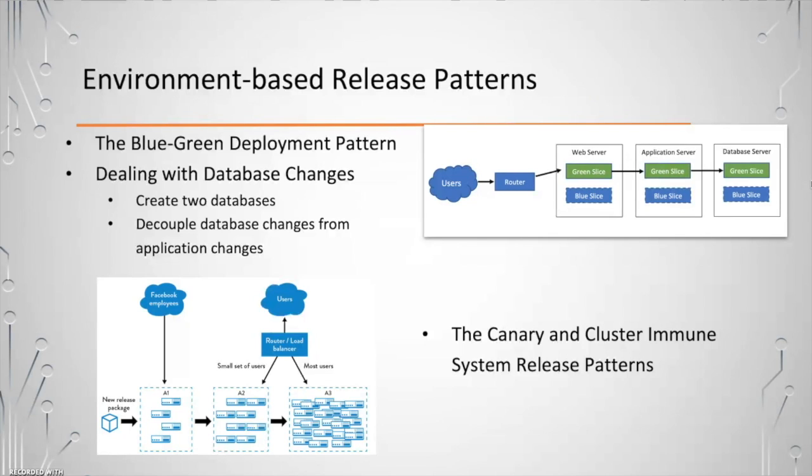We have an example, Facebook, that we can see in the diagrams here, of how they use three groups. Group 1 are the servers that only employees use. Group 2 are the production servers where only some clients can access, and the software can be deployed only if it meets the requirements.